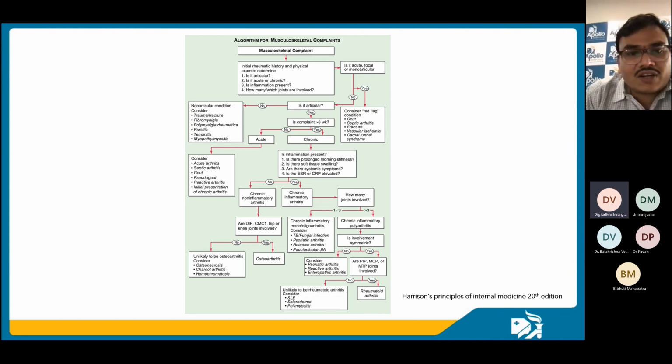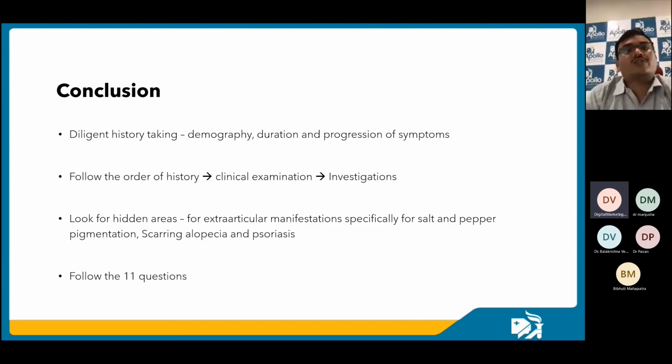If it is oligoarthritis, as we discussed earlier, our differential will be spondyloarthritis. So this is a good flow chart which is there in Harrison in the chapter of approach to arthritis, which can be referred subsequently.